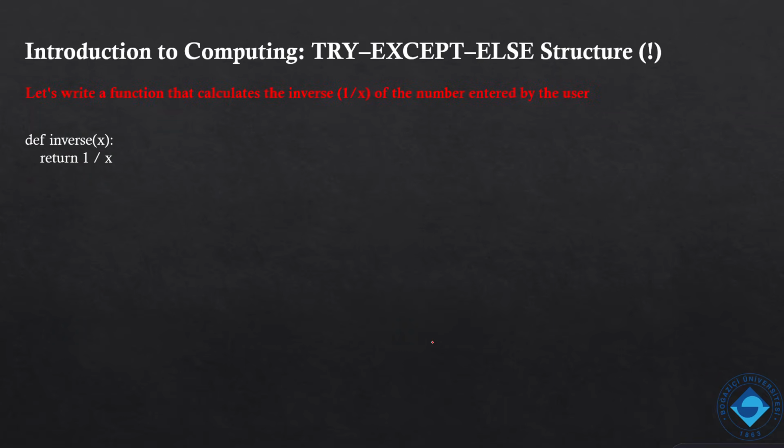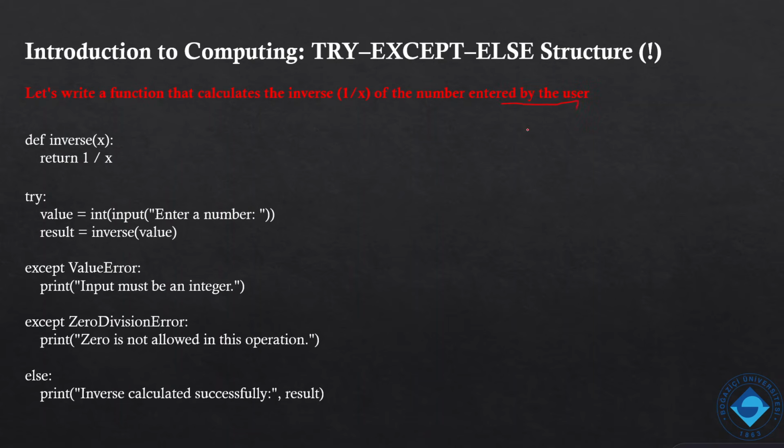Okay, let's write a function that calculates the inverse of the number entered by the user. I define my function here and my try, except, and else blocks here. If I write ABC here, it will give an error because we can't convert my string value to an integer. So it will raise that one, ValueError.